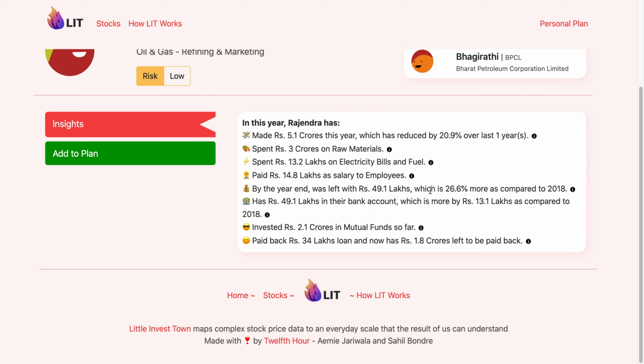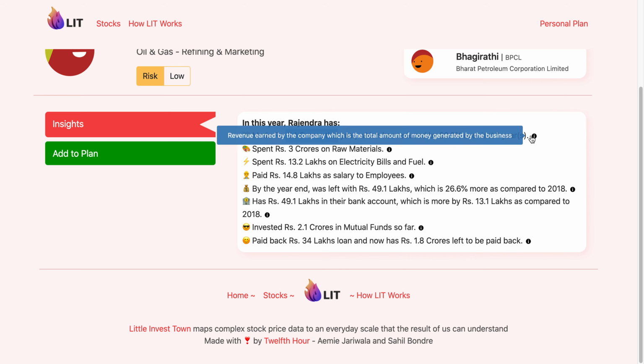Now all these insights are present in lakhs. However, in the real format for Reliance, it is present in crores. Each and every insight that is showcased is mapped to an actual financial term. For example, if Rajendra made 5.4 crore this year, this maps to the total revenue of the company Reliance.